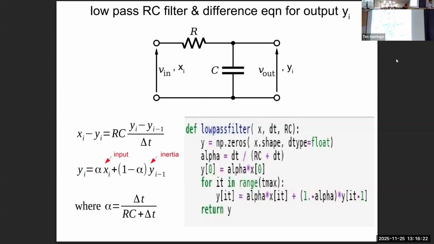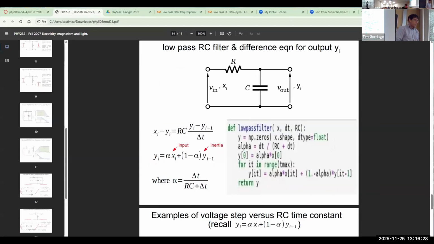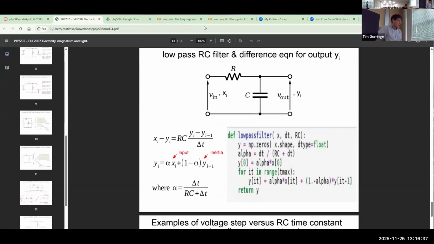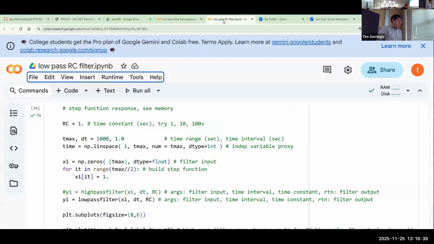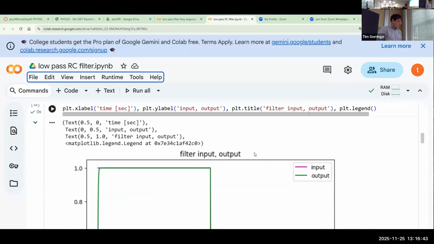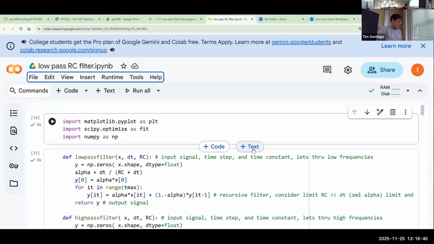Okay, at this stage, I'm going to go to the code. So here's my code.